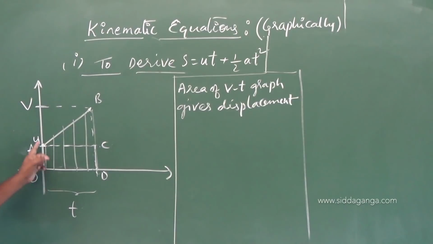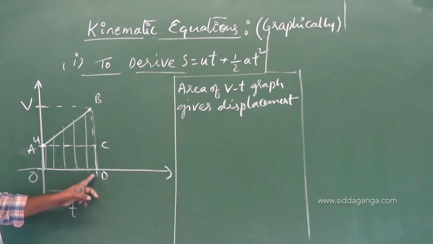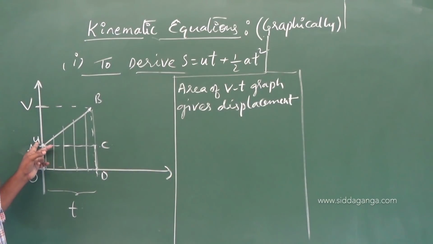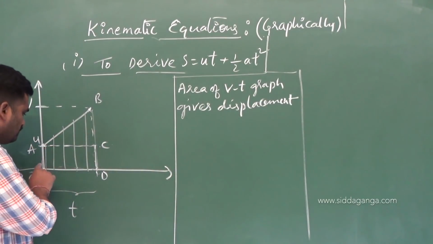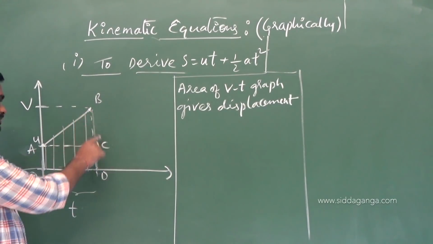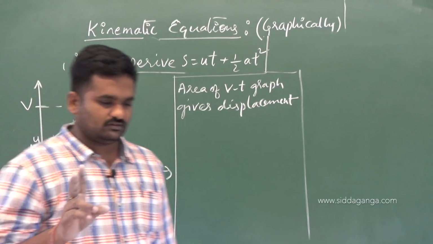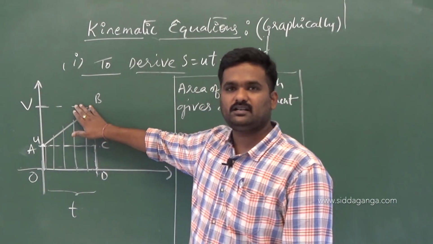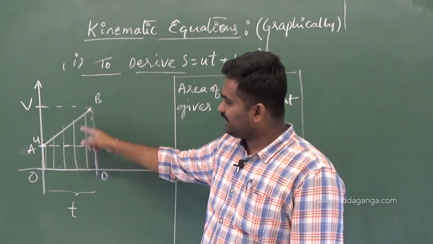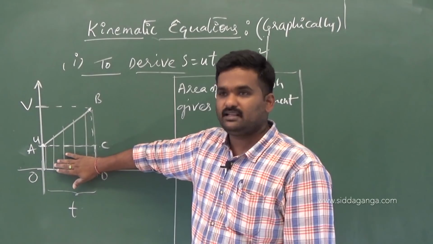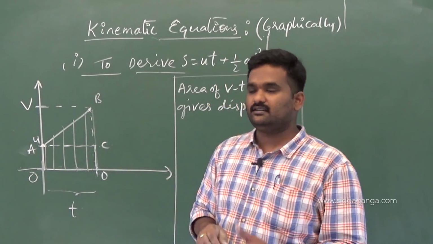OACD is a rectangle and ABC is a right angle triangle here. Two geometrical shapes you are having: one is a rectangle, the other is a triangle. So the area of this entire graph is the area of this rectangle plus the area of this triangle. So how to find it?